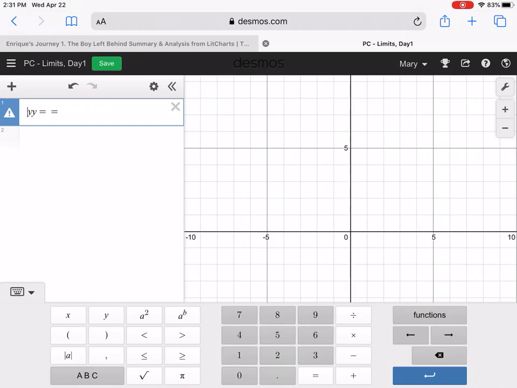So y equals, and then put in your problem. I'm going to do 2 divided by, so it makes a fraction. Then I'm going to go back up. So I have 2x squared minus 6x, and then on the bottom x minus 3.